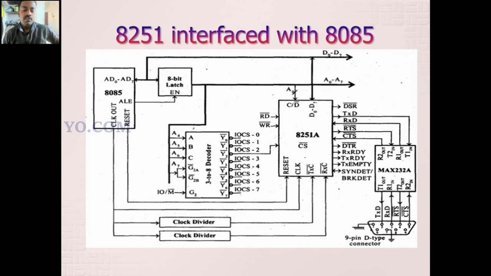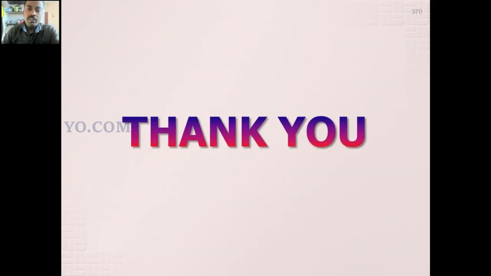The questions asked in the university exam are: explain USART, universal synchronous asynchronous receiver transmitter; explain the block diagram of 8251; explain the block diagram of the serial communication interface. So in these three ways they will ask the questions.